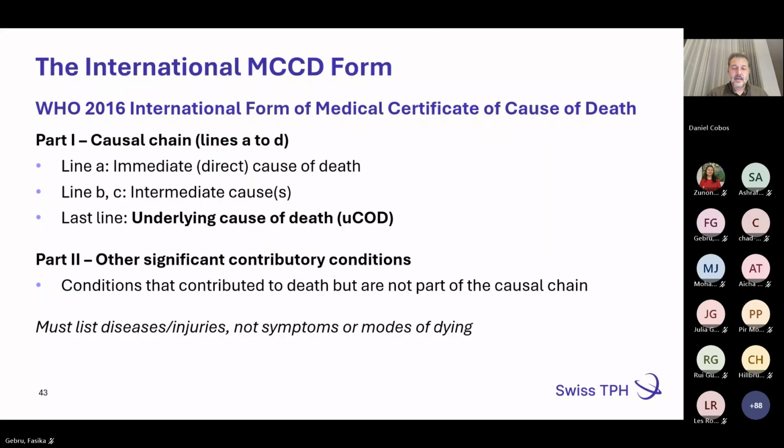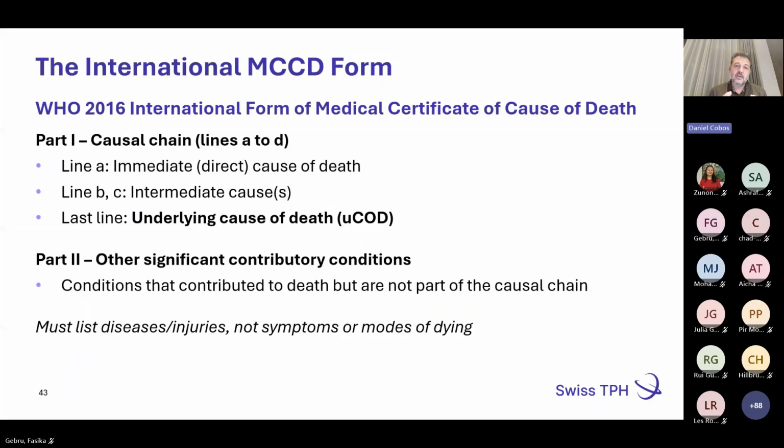and next. So the way we document the cause of death, the gold standard, is the medical certification of cause of death. There is a standard form from WHO, and it is the way doctors, or in some countries they allow other clinicians, not medical doctors, to complete the medical certificate of cause of death.